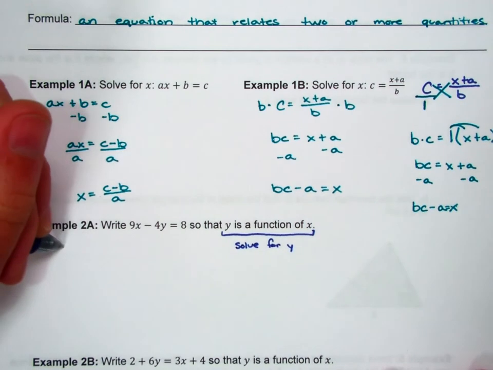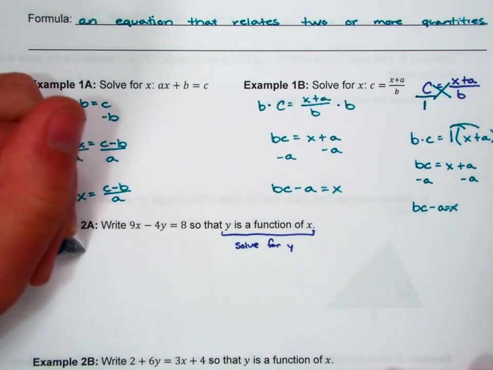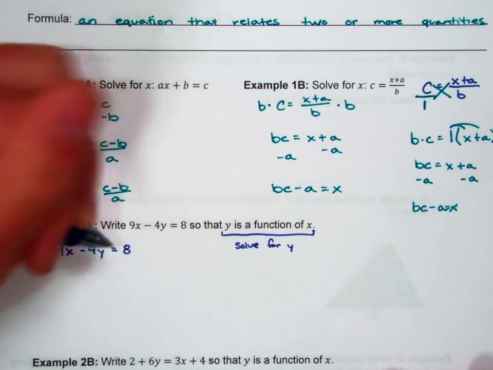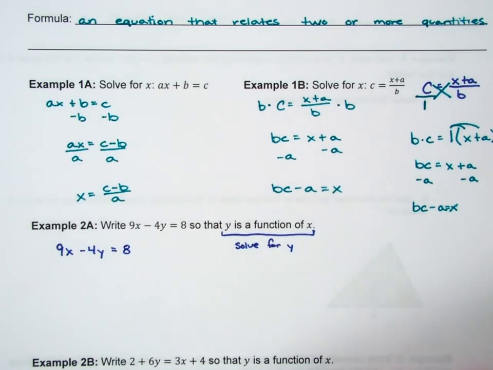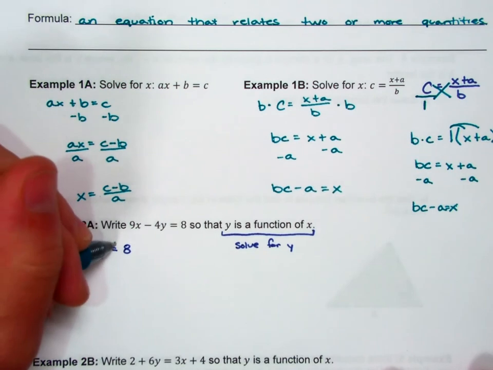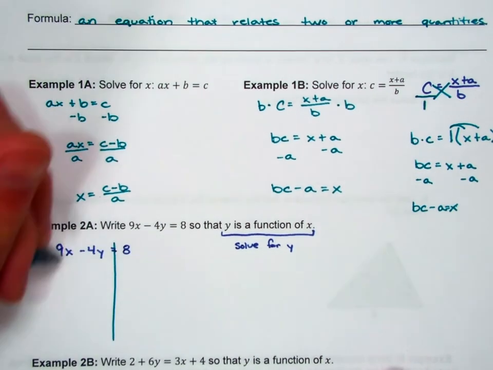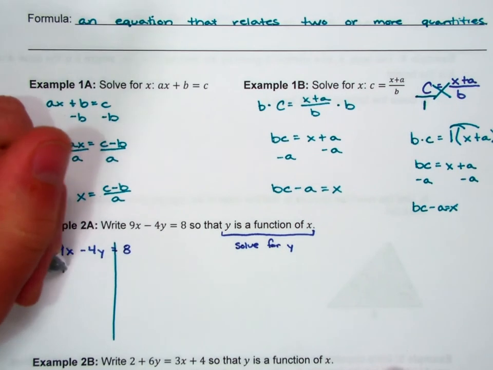So let's take that equation, 9x minus 4y is equal to 8, and we're going to go ahead and solve this equation for y. We're going to begin by getting rid of our 9x, and since it's a positive 9x in this problem, we're going to have to start by subtracting 9x.